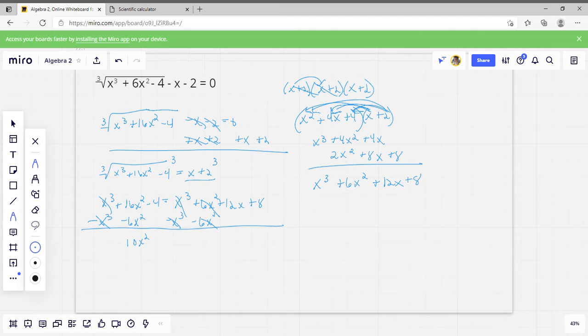Okay, I got something wrong right here. Let's see. Oh, that's what's wrong. That's a 6x squared, not a 16x squared. There we go. Okay, now those cancel each other.